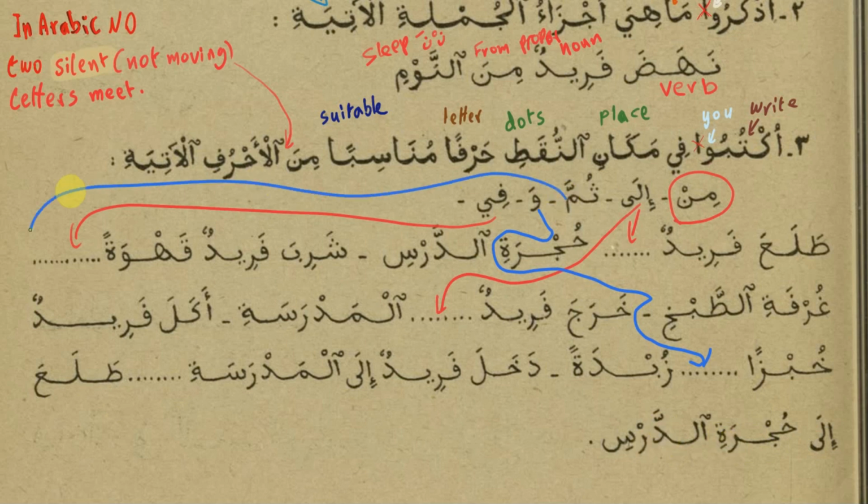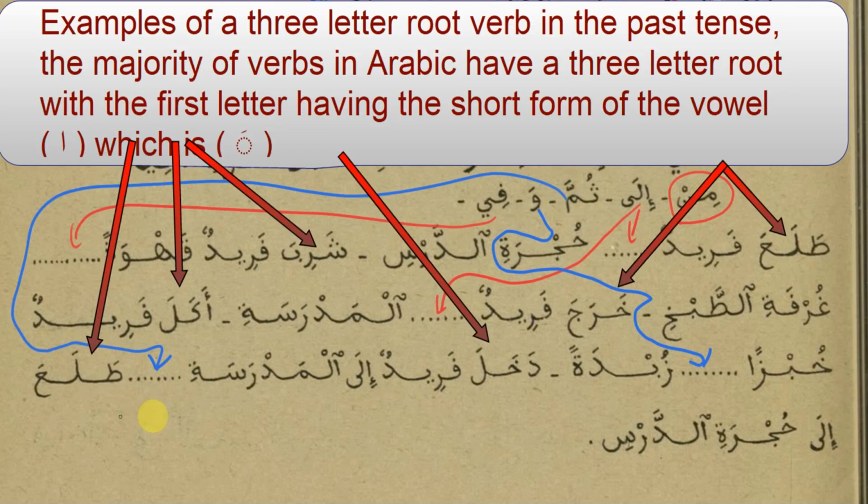So we can put ثم here. ثم دخل فريد إلى المدرسة ثم, then he went up to the study room, to the room of the study or to the study room.